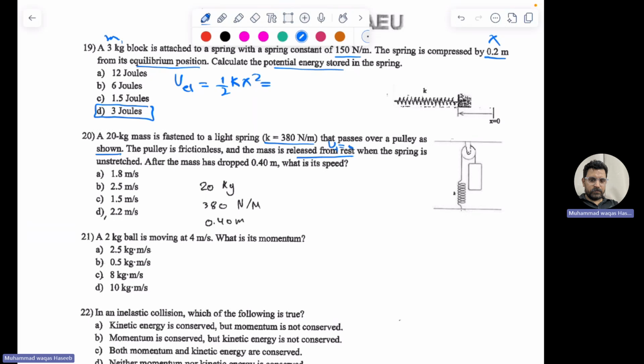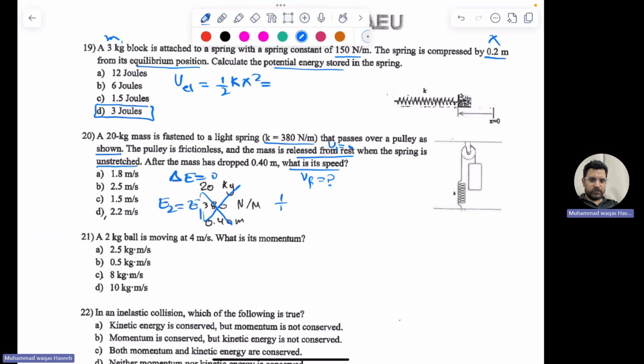When the spring is unstretched after the mass drops, what is the speed? So we need to find this. How do we find it? There is no external force, so the total energy remains constant. So your delta E is equal to 0. So E2 equals E1.